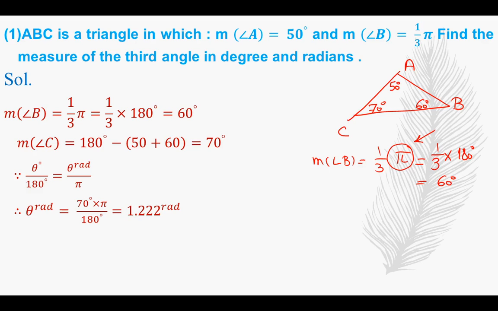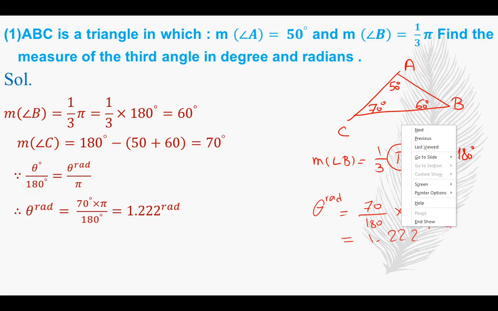The degree measure is 70 degrees. If we want to convert it into radian measure, theta radian will equal 70 over 180 multiplied by π. So it will equal 1.222 radians, and this is the answer of this question.